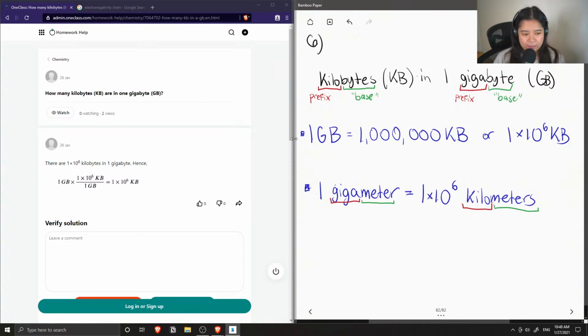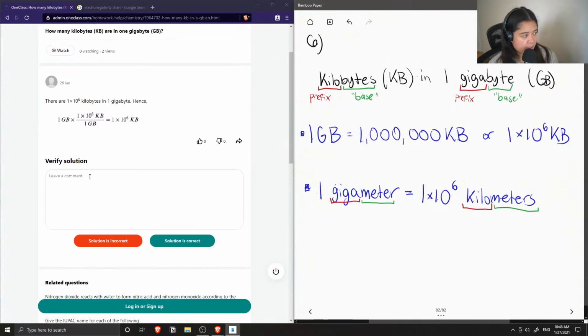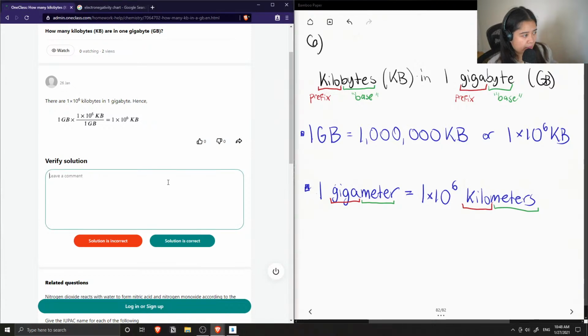But if we were to use these prefixes to describe bytes, which obviously you can have a lot of, and we always talk about having a lot of these bytes, then this is when you would use these prefixes. And the junior tutor said that there are 1 times 10 to the 6 kilobytes in 1 gigabyte. And then they showed their work. So this solution is correct.